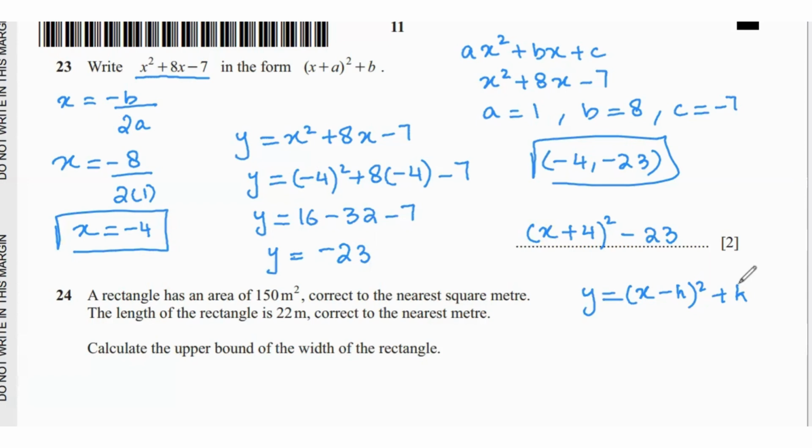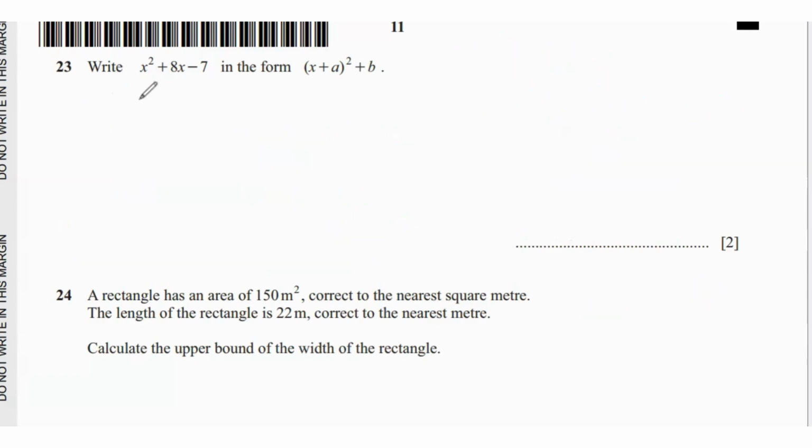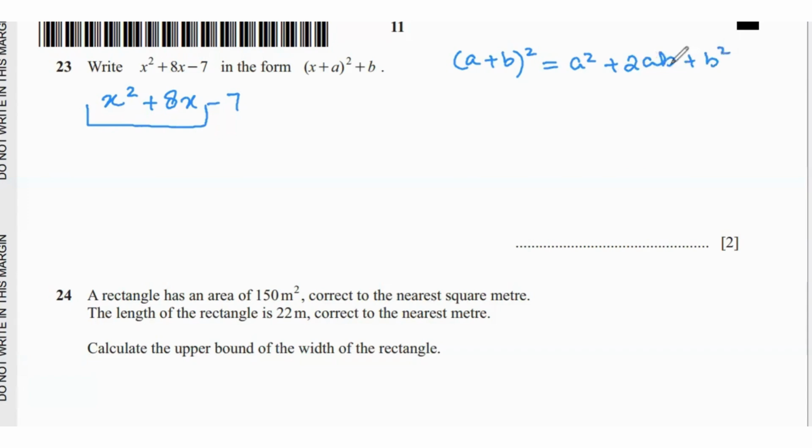The other way of doing this is if we do x squared plus 8x minus 7. Basically, this is what we're trying to complete the square for: x squared plus 8x. We know that (a plus b) whole square is the same as a squared plus 2ab plus b squared.